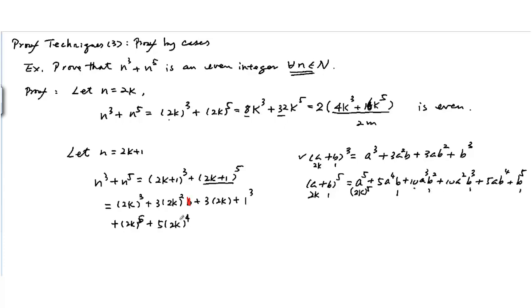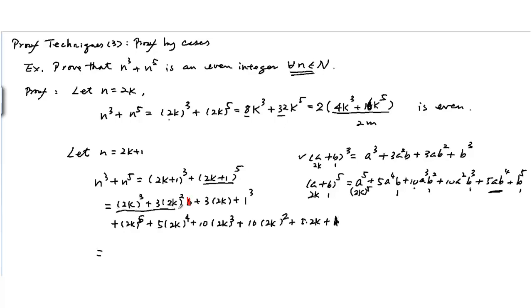Then plus 10 times (2k) to the third power, plus 10 times (2k) squared, and then plus 5 times 2k, and then plus 1.